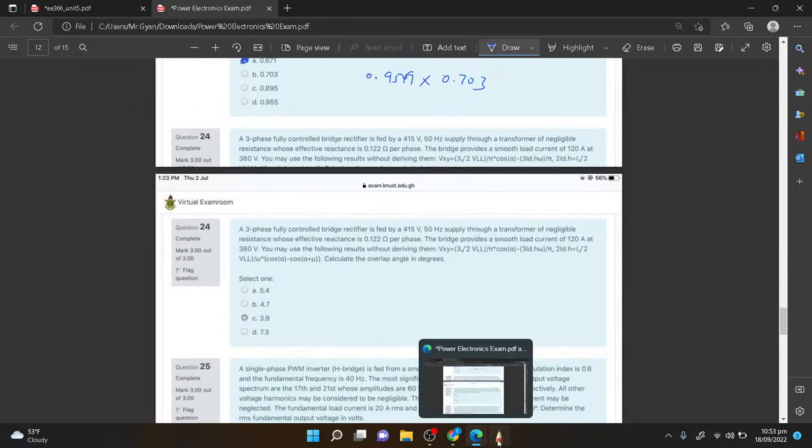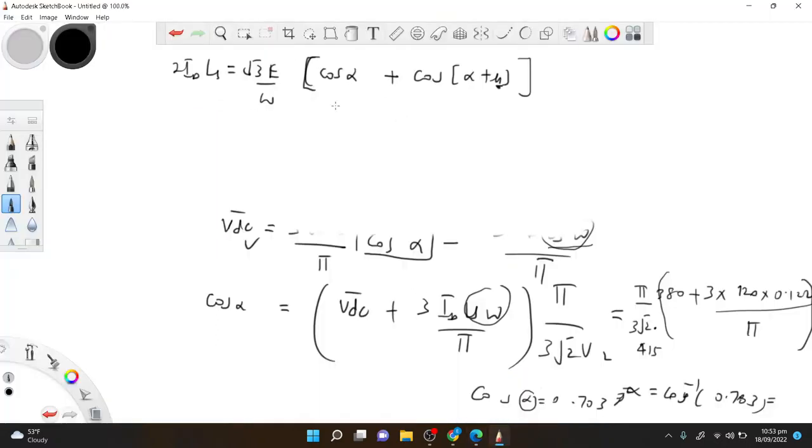Find the overlap angle, that's what I wanted to do. Here, for the overlap angle, we know cos alpha, we know alpha, we know everything.